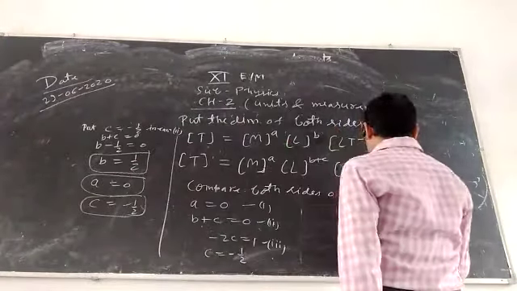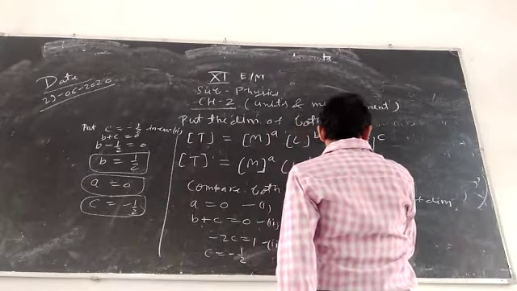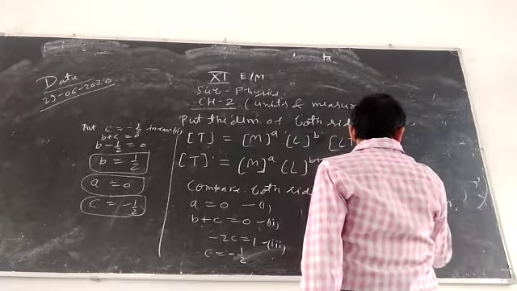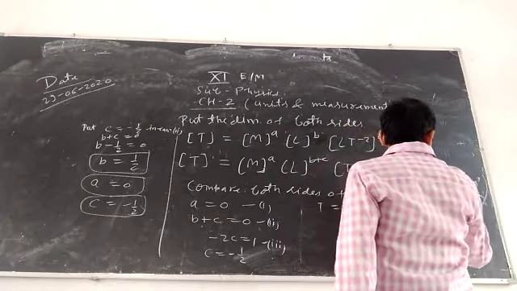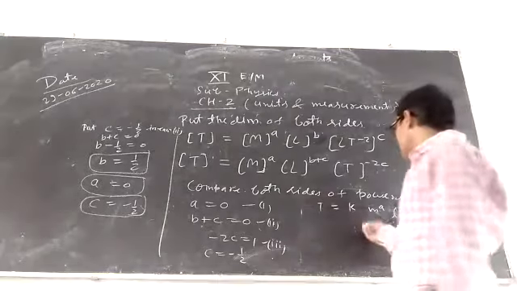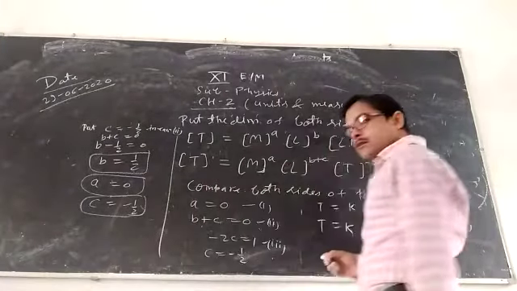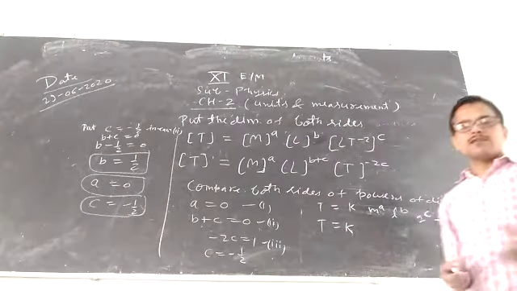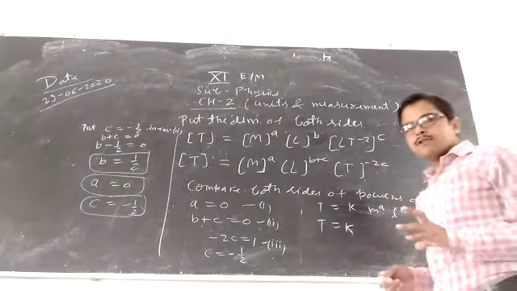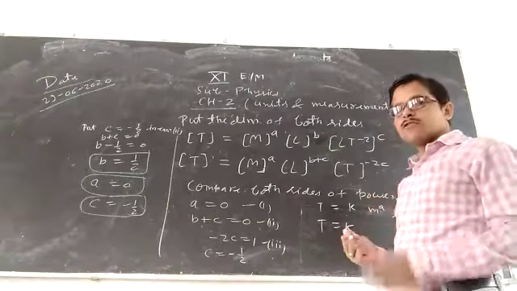Equation number first is T equals k, M to power a, L to power b, G to power c. Okay? You will put these values. This is the k. In some cases k is equal to 1, but if the experimental value of k is given, then you will put the value of k.